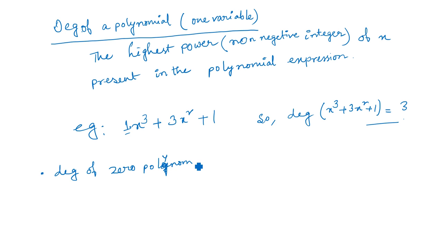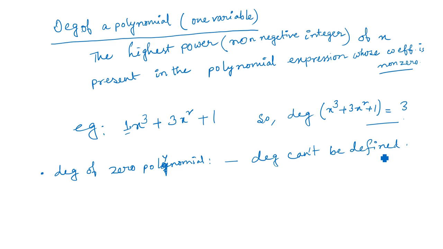It can't be defined, because in the definition, the degree is the highest power of x present in the polynomial expression whose coefficient is non-zero. In a zero polynomial there is no such thing, so its degree cannot be defined.